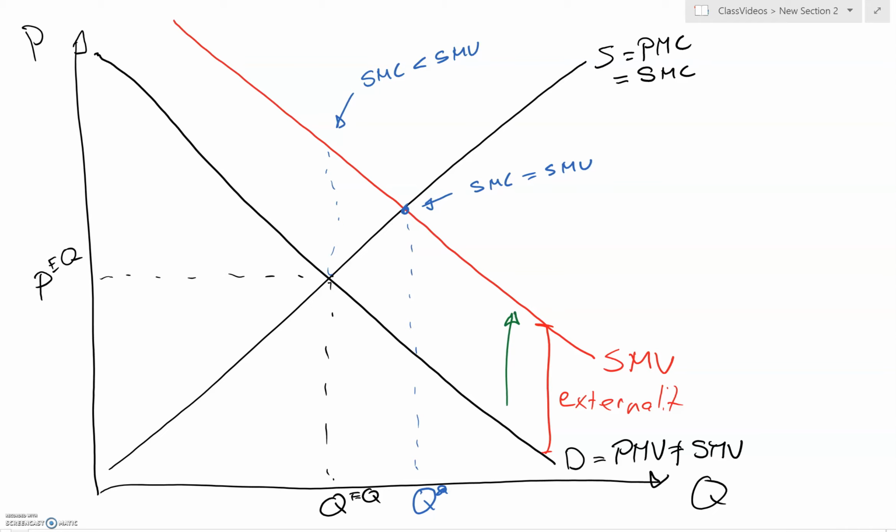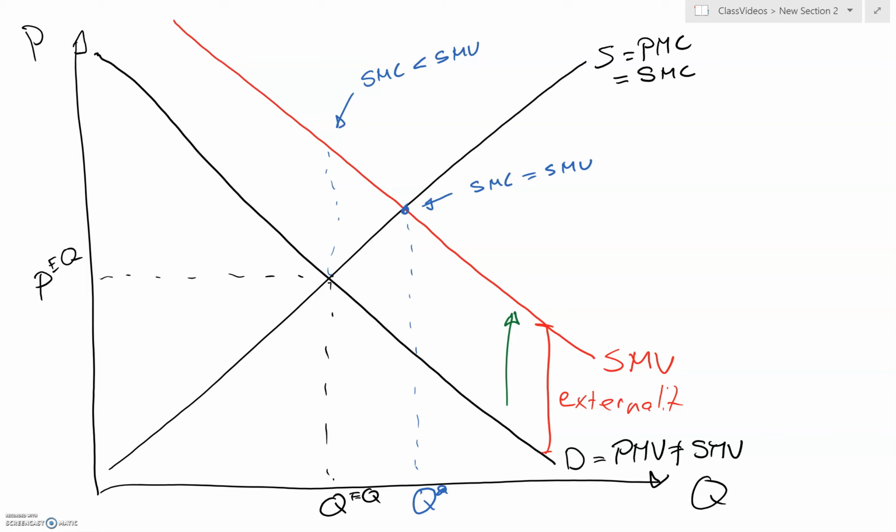You can think about this as the government adding value to consumers' private values, and this is called a subsidy. Basically, the government is going to pay consumers, and going back to chapter 6 of ManQ, it doesn't really matter whether the government subsidizes the supply or the demand side. It's going to add value to consumers for consuming this good.